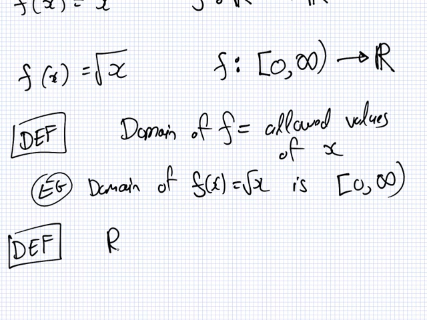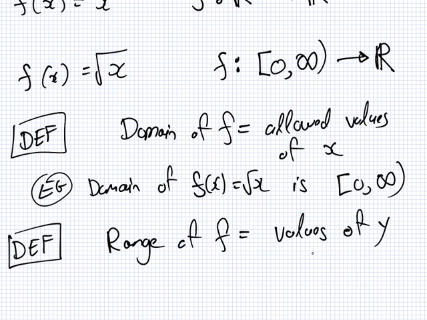And the second definition is the range of f. And that is the values of y returned, meaning the values you get back from the function when you put in a number.